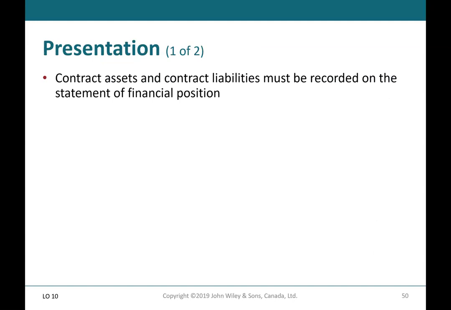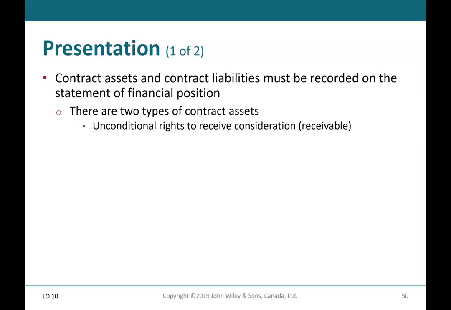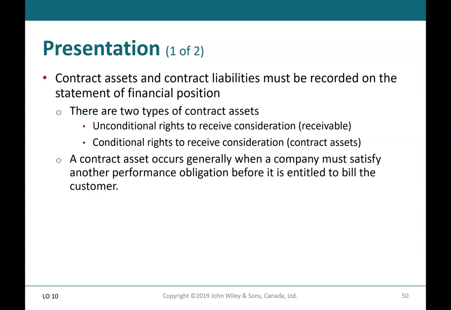Presentation 1 of 2. Contract assets and contract liabilities must be recorded on the statement of financial position. There are 2 types of contract assets: unconditional rights to receive consideration, receivable; conditional rights to receive consideration, contract assets.